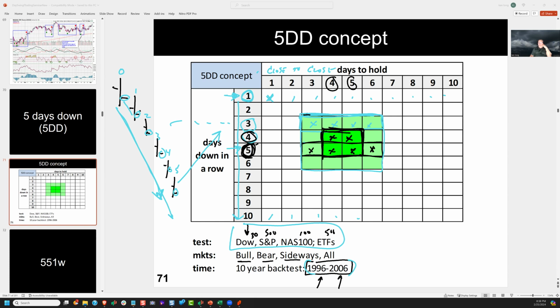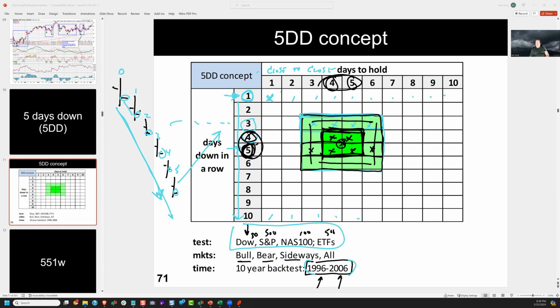And the area one step outside that, there was still an advantage, just not as big as holding 4 or 5 days down and then holding 4 or 5 days. So we just called that one the 5-day down. And we know that our edge is right in this area. And it's a persistent edge because the nearest neighbors are also working.